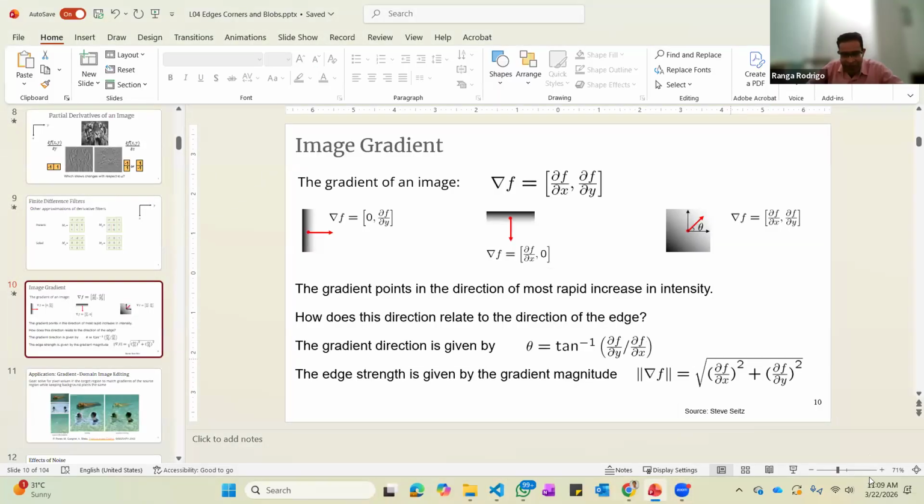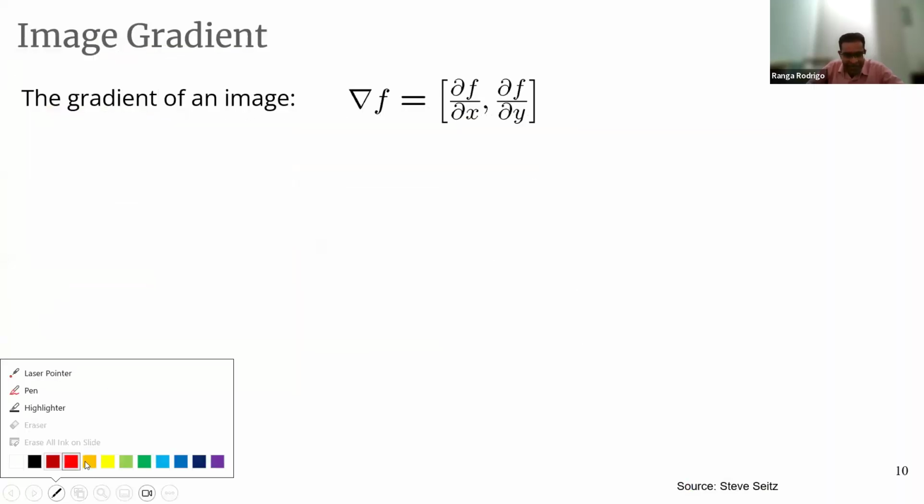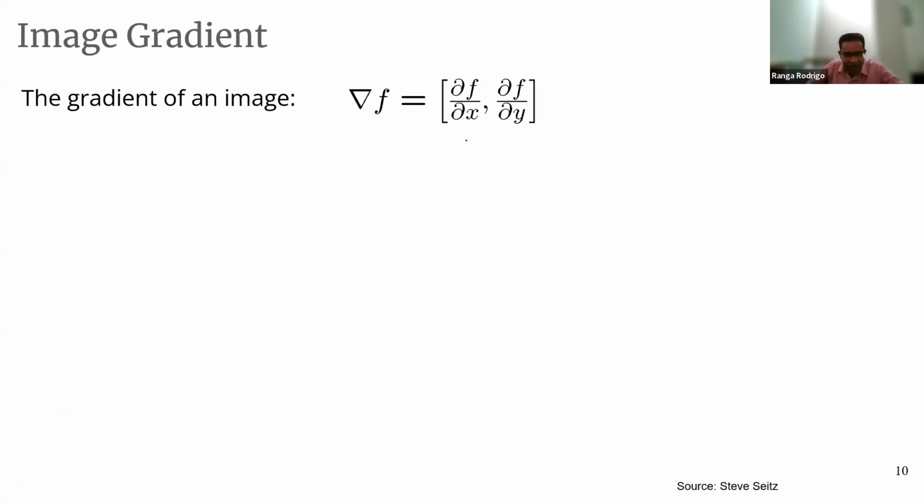Okay, so let's go back to the question. So now you can see this is what we did. If you take the gradient, it has two values, right? The x gradient and y gradient. So that's why we have to show both of them at each pixel. So we use this special operator called nabla. The mathematical term is gradient, the grad operator, grad f. So it has two numbers.